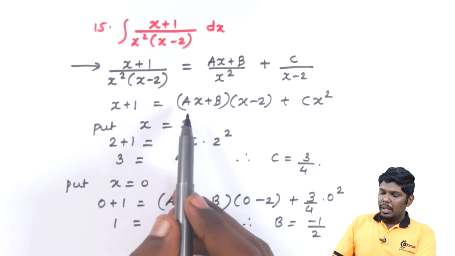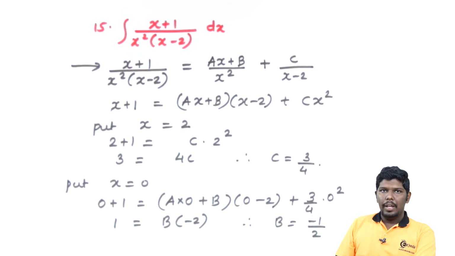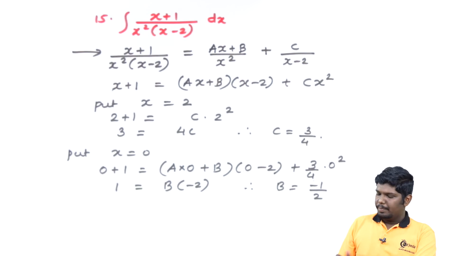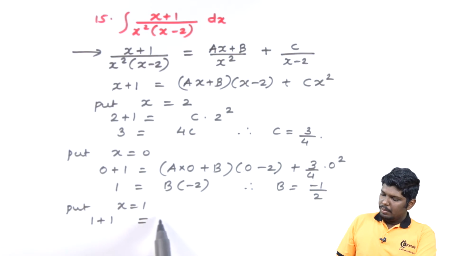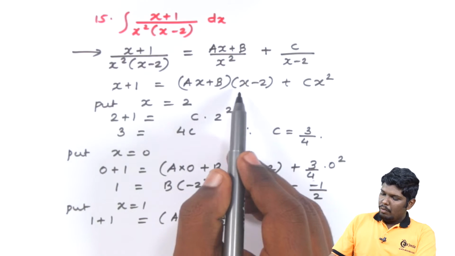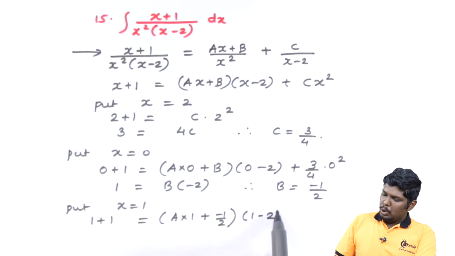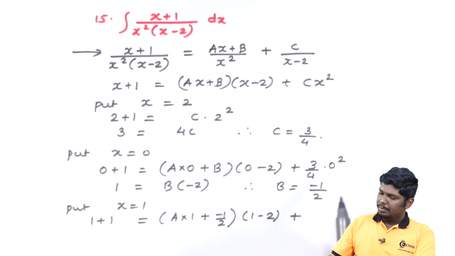Now to find the value of a, you can give any random value of x to this equation. Let us go with x is equal to 1. Put x is equal to 1. This will give you 1 plus 1 is equal to a into 1 plus the value of b is minus half followed by 1 minus 2 plus the value of c is 3 upon 4 into 1 square.